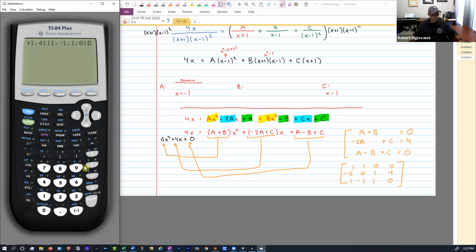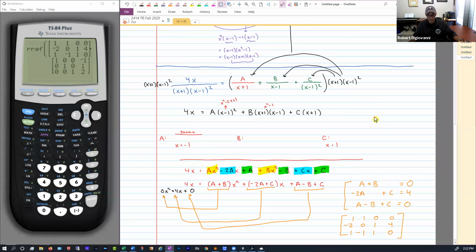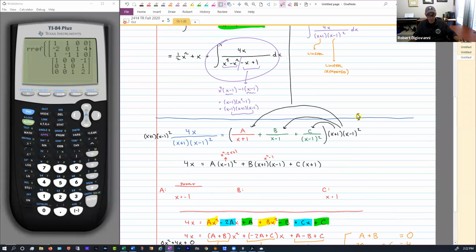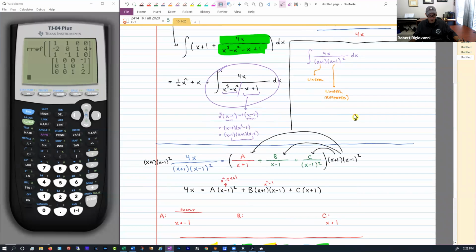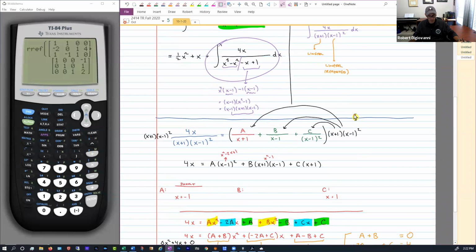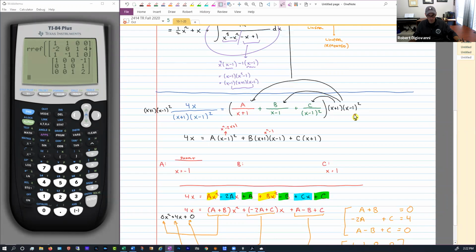Close it, close the parenthesis, enter. The answer is -1, 1, 2.